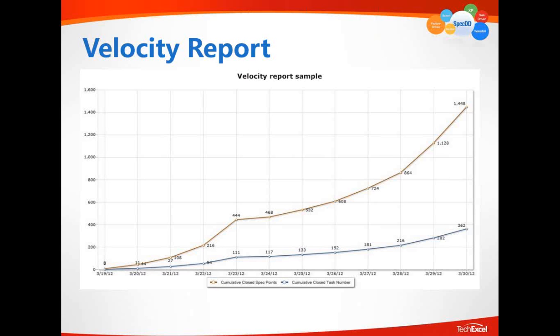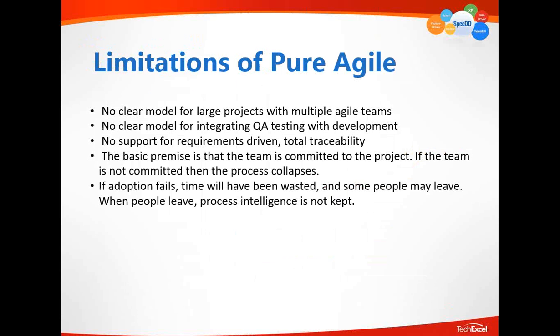Meaning some of the tasks have more value than other tasks. Therefore, the contribution a team member makes should not be based just on the number of tasks closed, but rather on the number of points accomplished by each team member, contributing to the success of the working software. That is the velocity report.